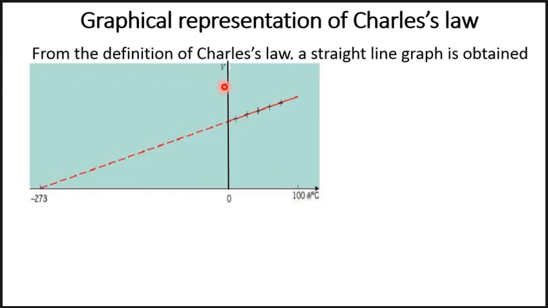Now, if you consider what I have here, the temperature is measured in degrees Celsius, meaning that I'm having a rating of 0 to 100 on the positive side of the x-axis, and 0 minus whatever backward.